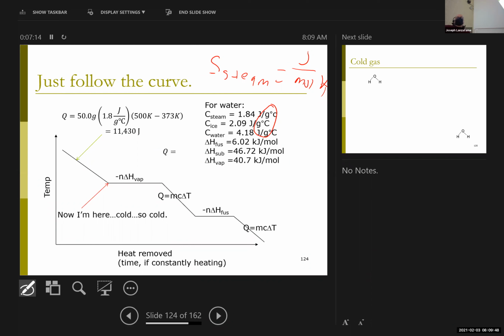All right, in this particular case, these are the more common chemical units for the two different types of constants. So it's MC delta T, where M is mass, and it's N delta H, where N is moles.